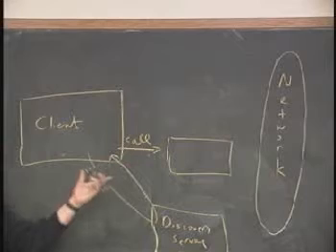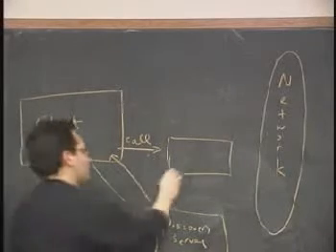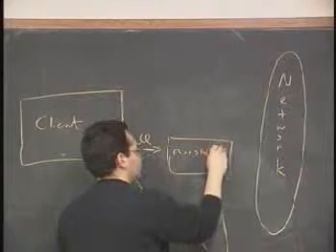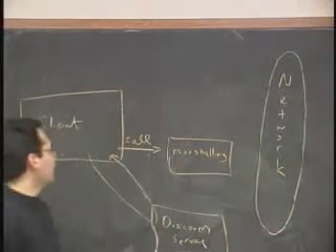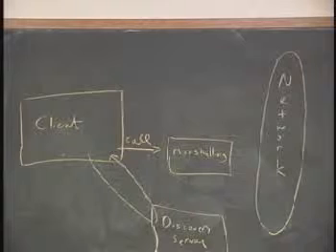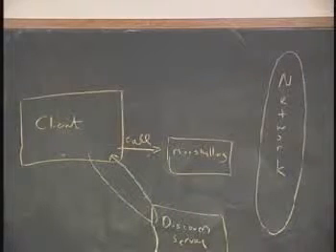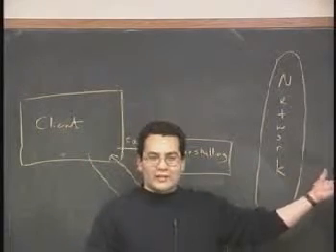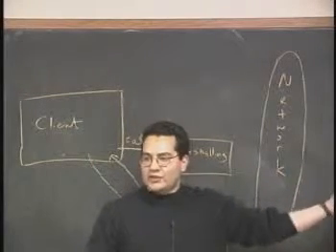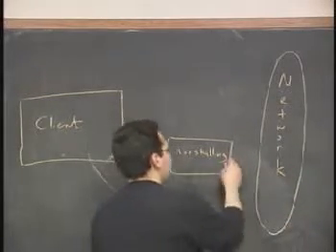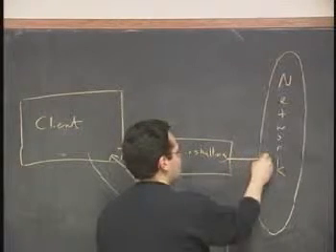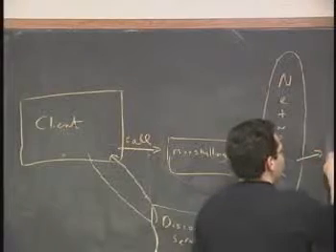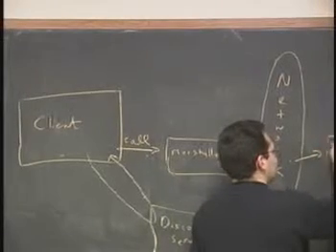When it makes the call, it does what's called marshaling of the arguments of the call. Marshaling means taking these arguments and packaging them into something that can be sent over the network and recognized by the server. Then we can go through the network, find our way over to the server, where you do unmarshaling.